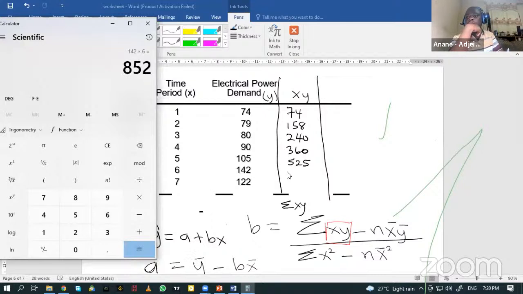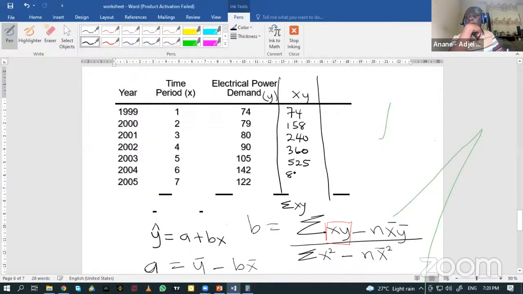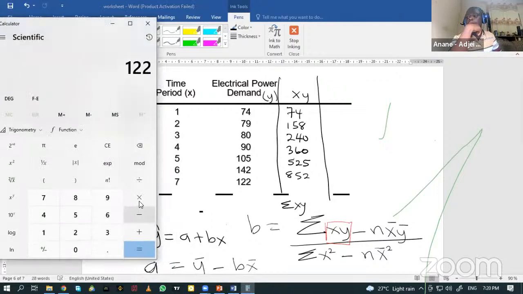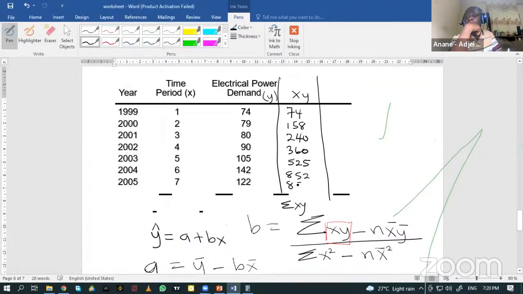This should give us 852. Then 122 multiplied by 7, that is 854.